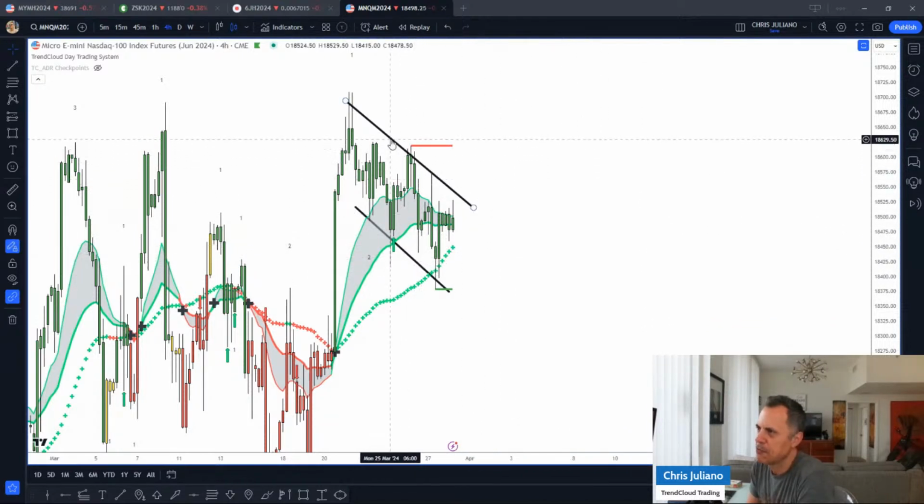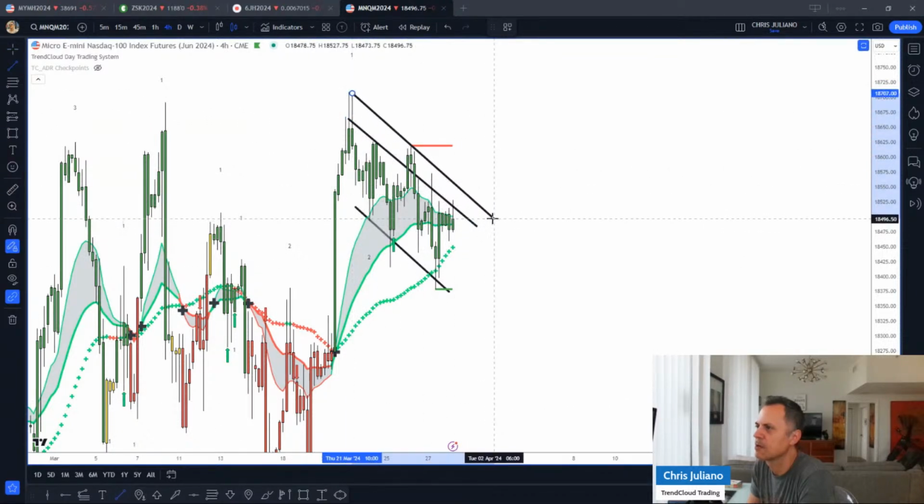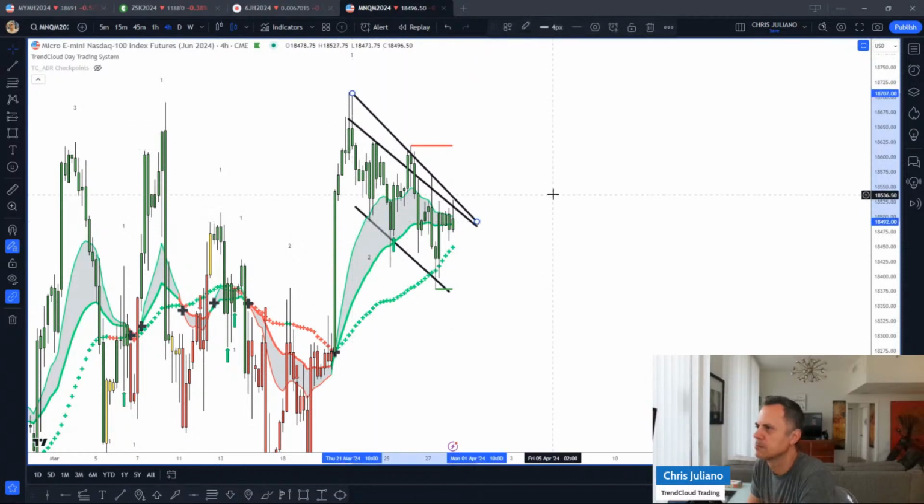So you have to think more in terms of zones. You have to think more in terms of zones, like maybe this, right? How about that?